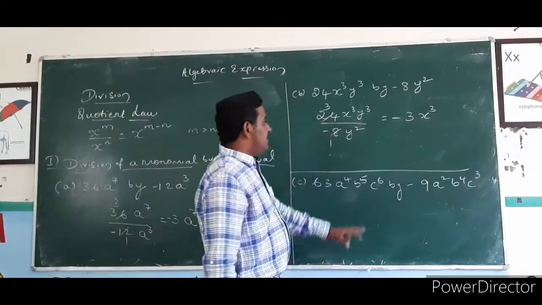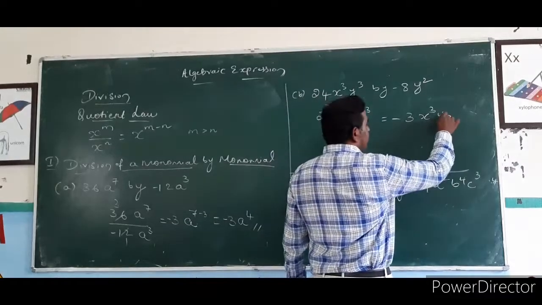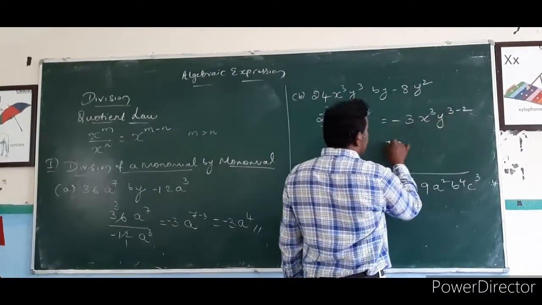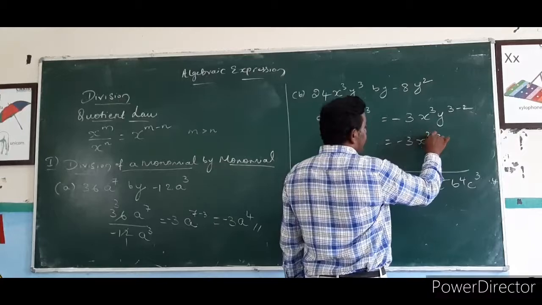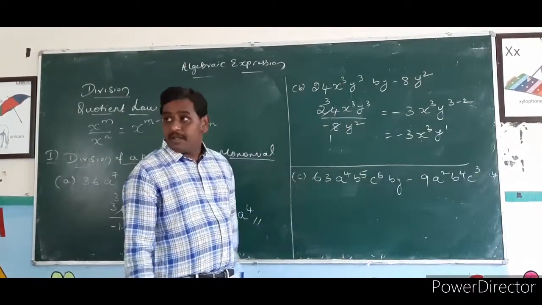A minus sign is there, so you put minus 3. For y, plus 2 goes to the numerator, so 3 minus 2. That is minus 3 x cube y to the power of 1. That is the answer.